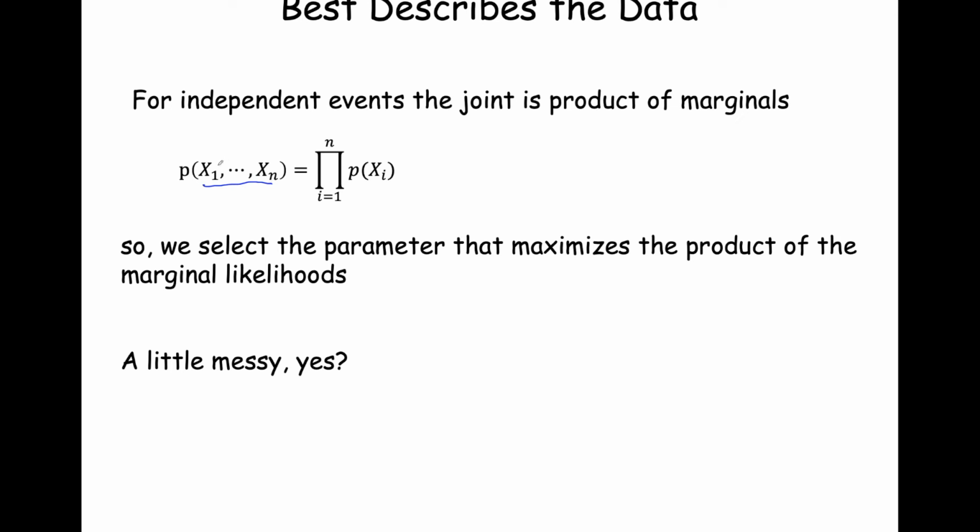So we have the probability of x1 up to and including xn is equal to the product, i goes from 1 to n, of the probability of each one of them. So now what we're going to do is select a parameter that maximizes the so-called product of the marginal likelihoods.